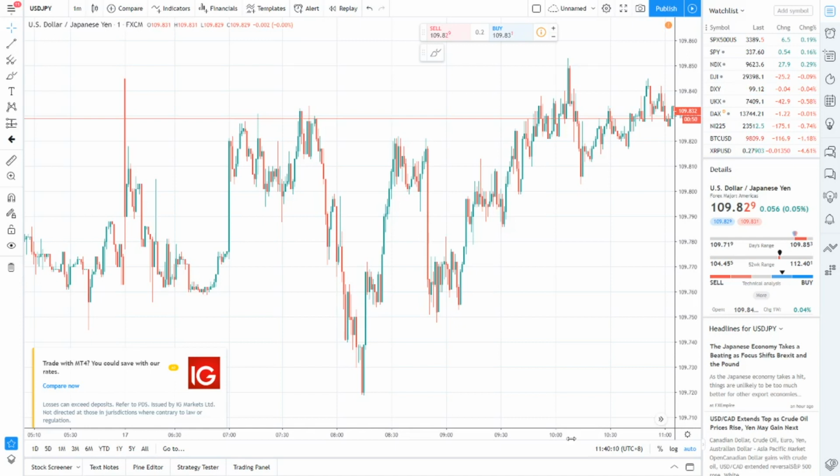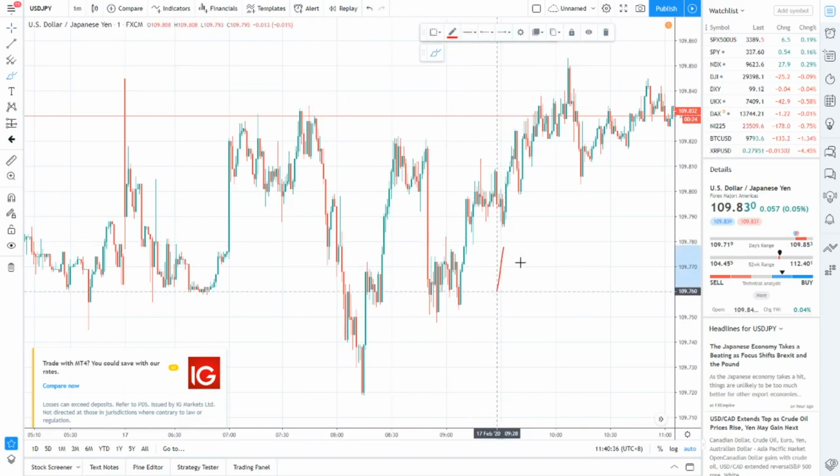So the next thing that we're going to talk about is leverage. What is leverage? You always hear the word leverage, right? Basically, leverage is how much larger you can trade compared to your original account. For example, let's say that you invested somewhere around 10k USD.